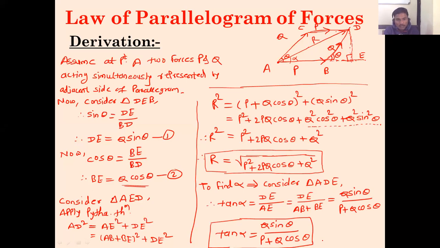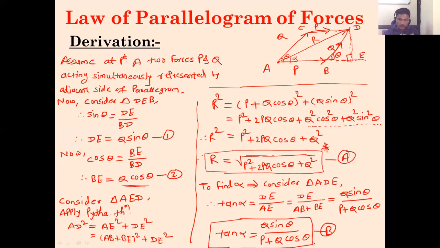The resultant of two forces: R is equal to under root P square plus 2PQ cos theta plus Q square. And tan alpha is equal to Q sin theta divided by P plus Q cos theta. Note down these two formulas, most important.